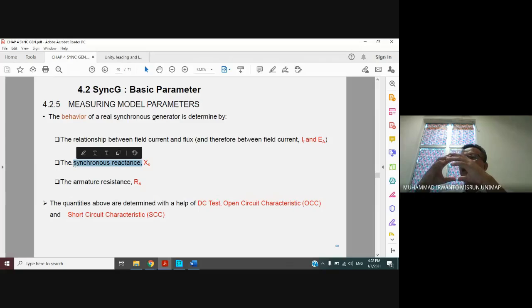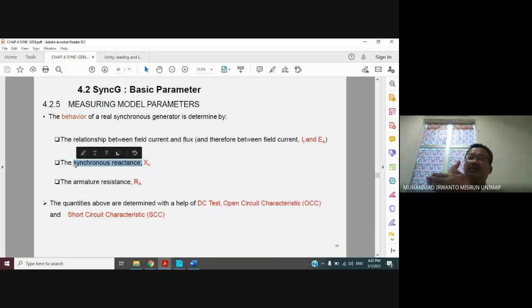In one generator, how do we obtain the value of synchronous reactance? It can be obtained from the open circuit test and short circuit test. The open circuit test obtains the phase voltage, where the open circuit phase voltage is equal to the internal generated voltage. For the short circuit test, you obtain the short circuit current, which is equal to the armature current IA.